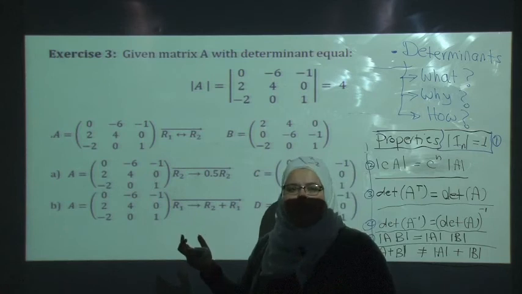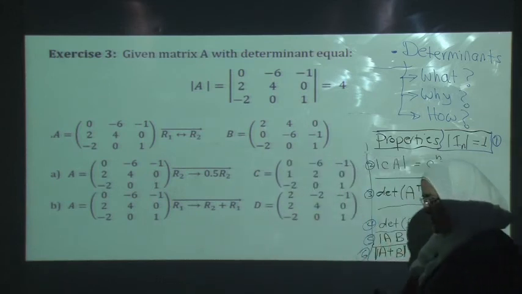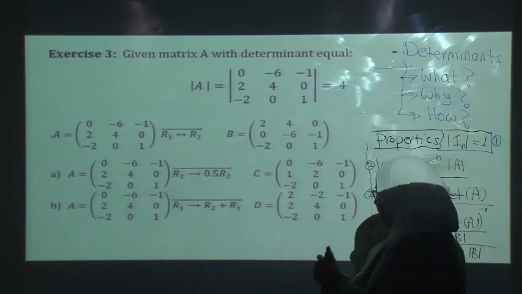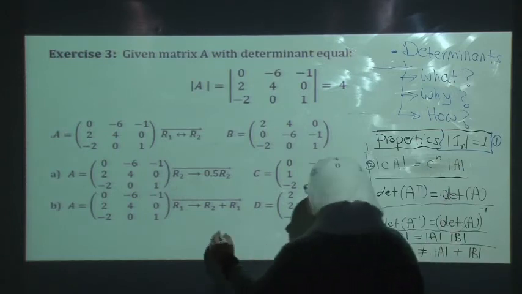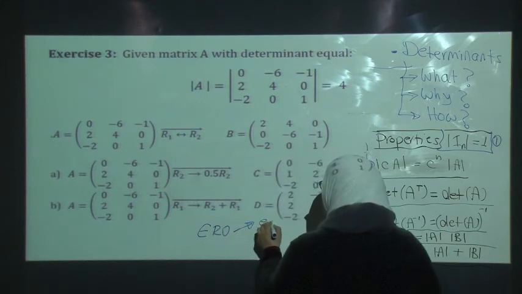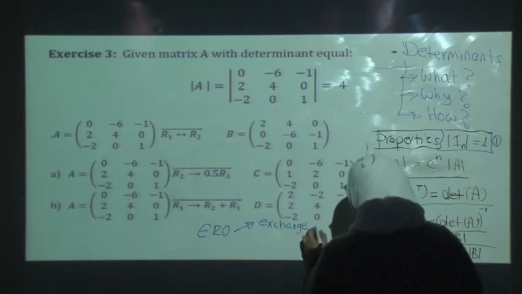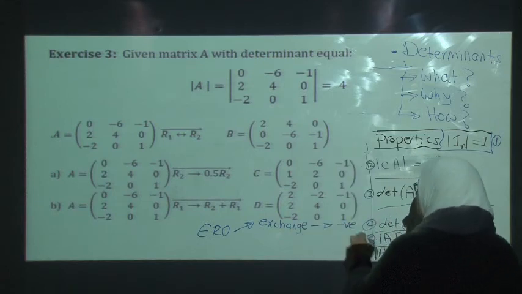How would this affect the determinant? We would extend the properties list and see the effect of the elementary row operations. The first one is the exchange; the exchange introduced a negative sign.